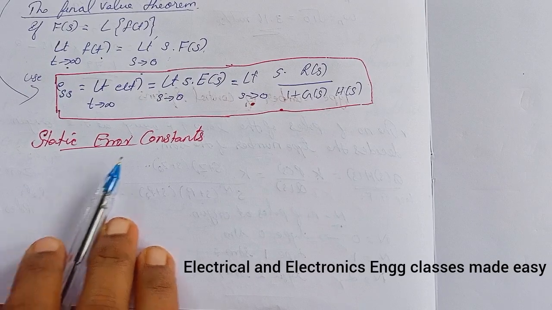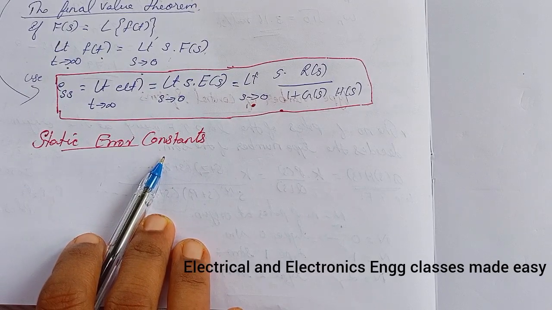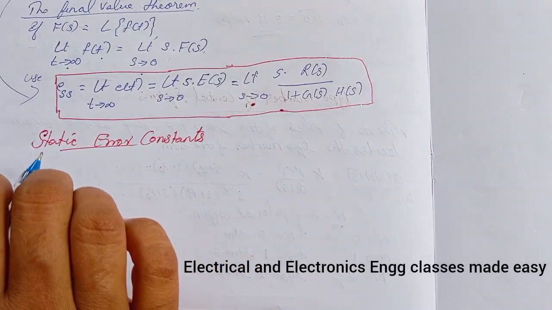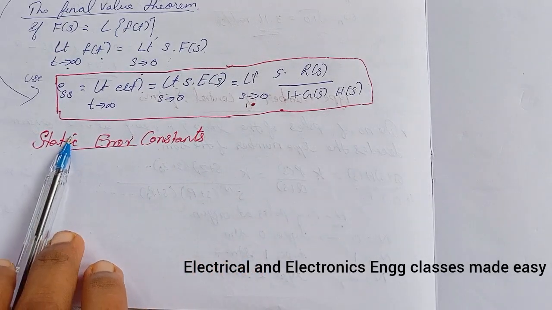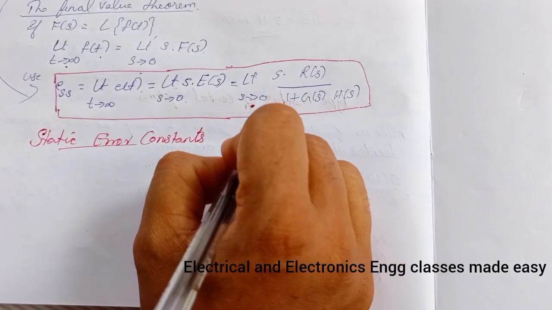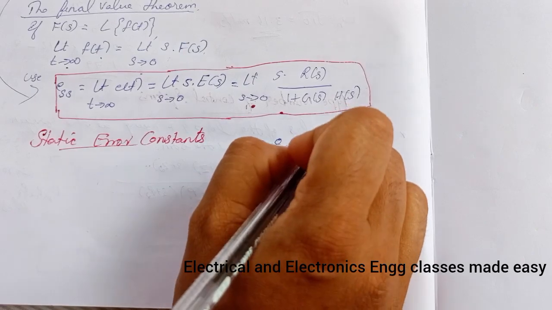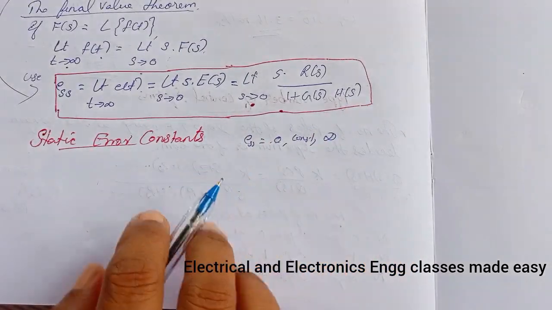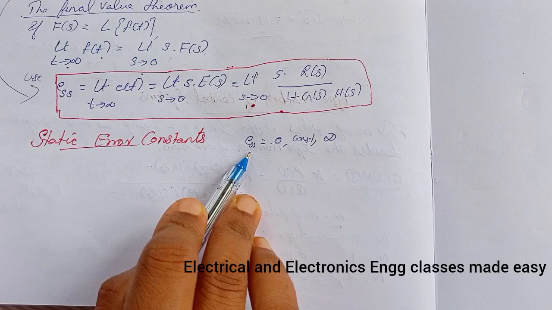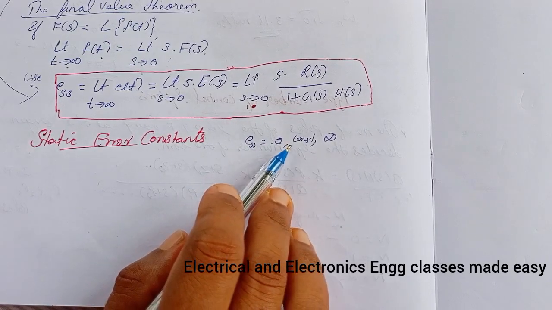Next is static error constant. When a control system is excited with a standard input signal, the steady state error may be 0, constant, or infinity. The value of steady state error depends on the type number and the input signal.